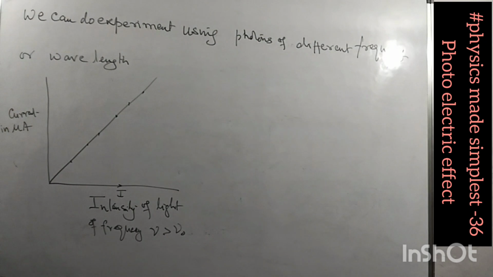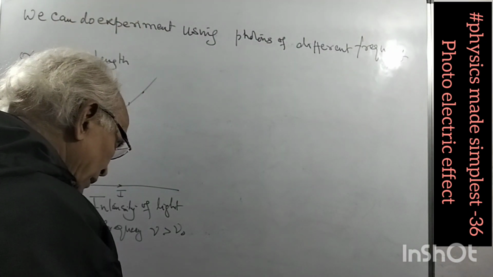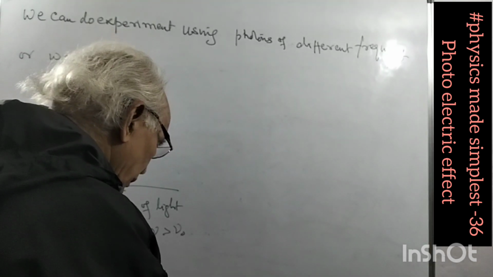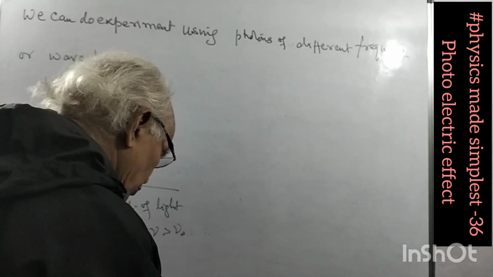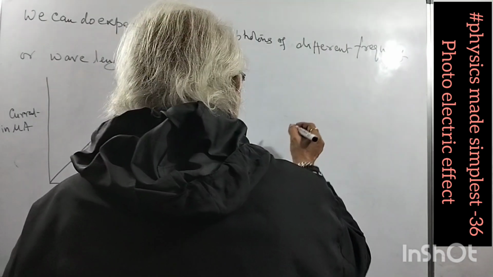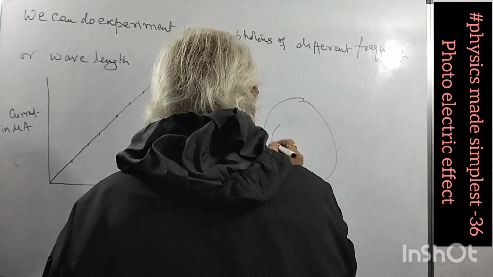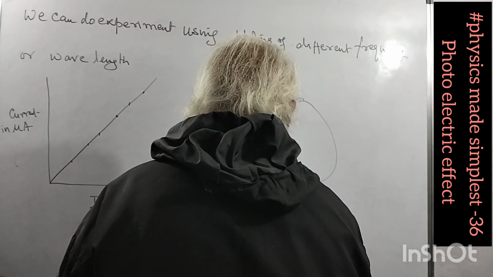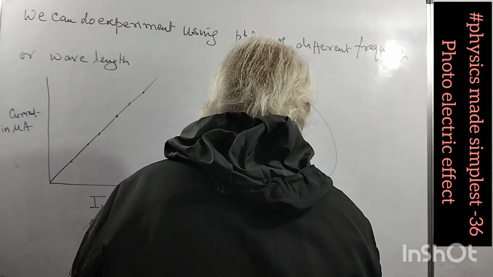And one experiment is done that you use a power supply of variable voltage. Means in the setup you are using a power supply to stop the electrons. Here in the cathode, this power supply is of variable voltage, positive and negative.